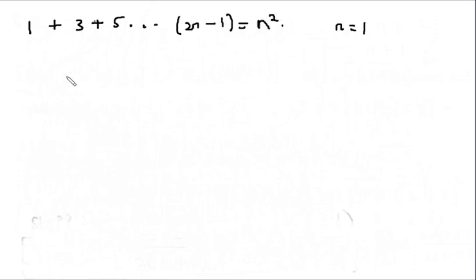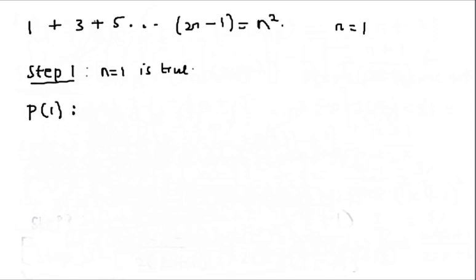So for the first step, we need to show that n equals 1 is true. Okay, so we are simply going to be plugging n equals 1 in here. So for n equals 1, for the first term here, this is 1.